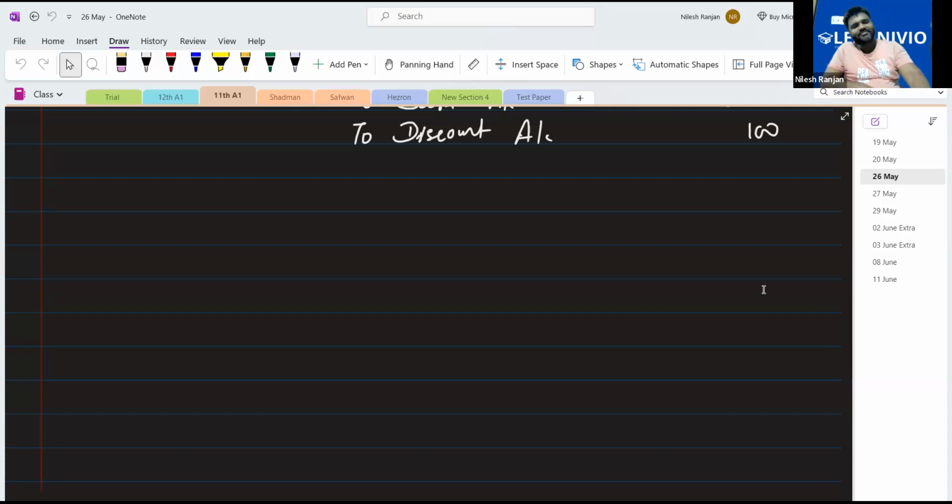Okay. No issue. Sometimes it happens. Yes, sir. You know what? I told you that it might come, cash discount and trade discount, and it actually came in the paper. It was written: what are the differences between cash discount and trade discount, any three, or what are the qualitative characteristics of accounting?